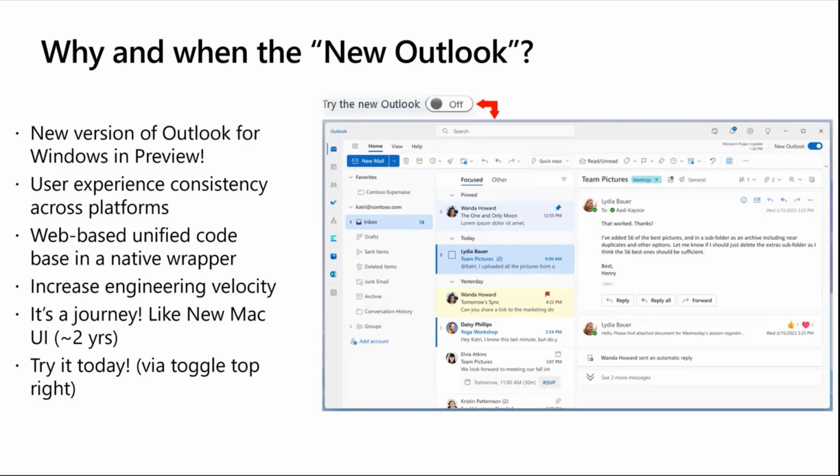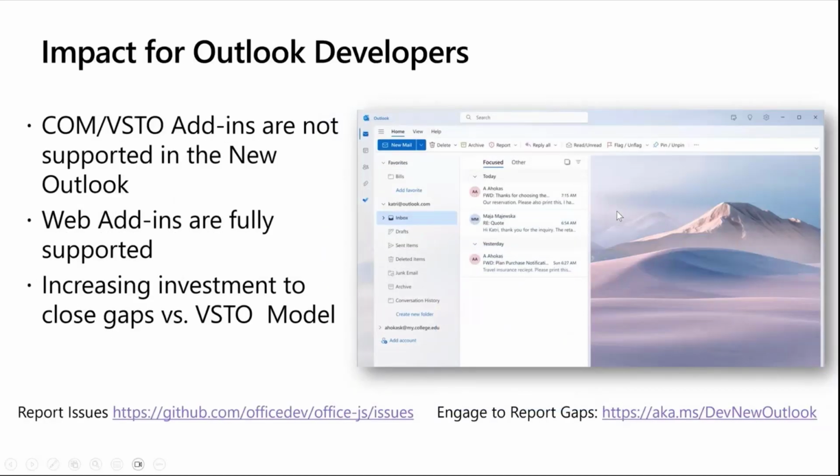It's going to take time, and for developers, this means that COM and VSTO add-ins, Outlook add-ins, are not going to be supported in this new Outlook product. Web add-ins are going to be the platform of choice for the new Outlook.